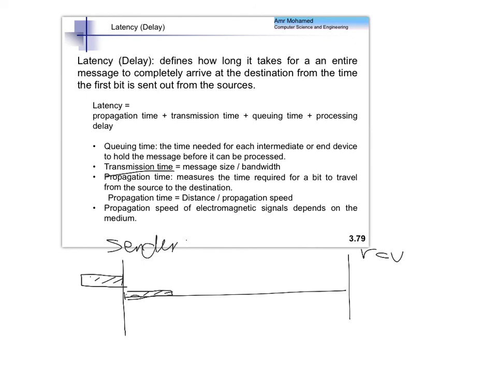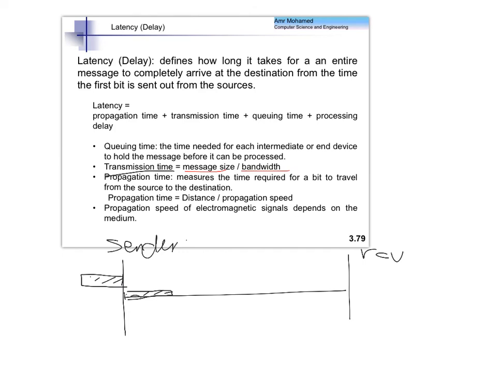So the time that the sender takes to start sending one bit until the sender finishes sending this bit over the line is what we call transmission time. And this transmission time is based on two components, simply: the message size and the bandwidth.